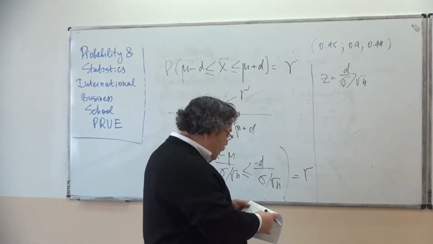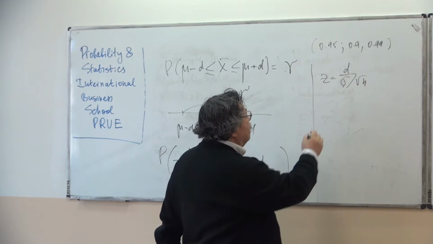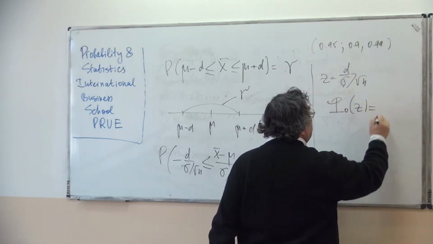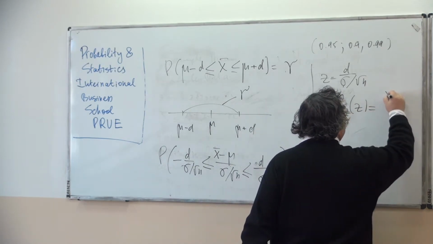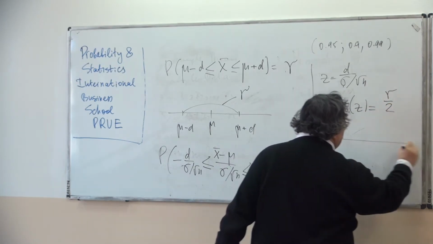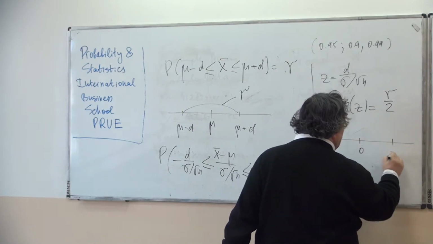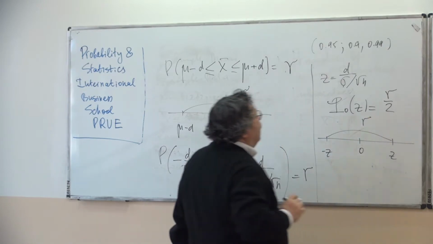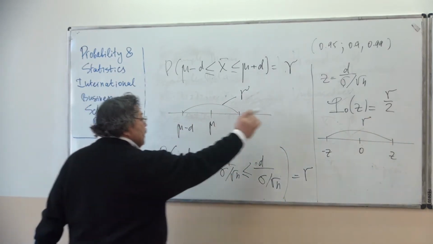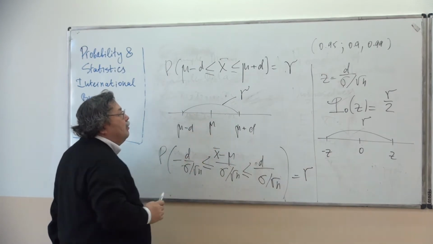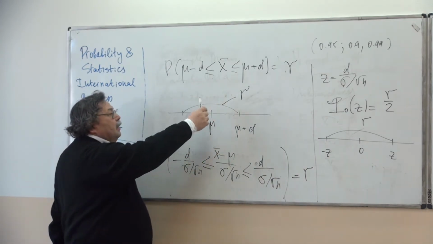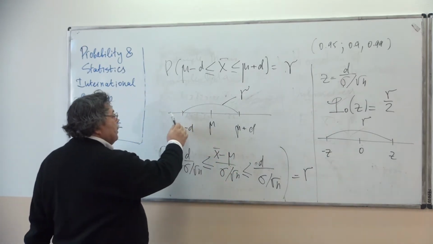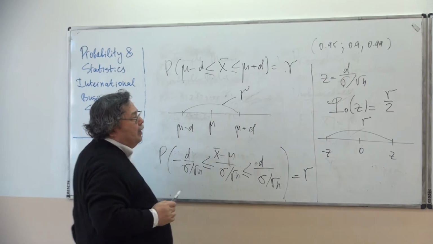So we look for a value of z that satisfies this equation. Please compare this and this. This is a diagram for x bar, and it says that x bar falls within this interval mu minus d to mu plus d with the probability of gamma.